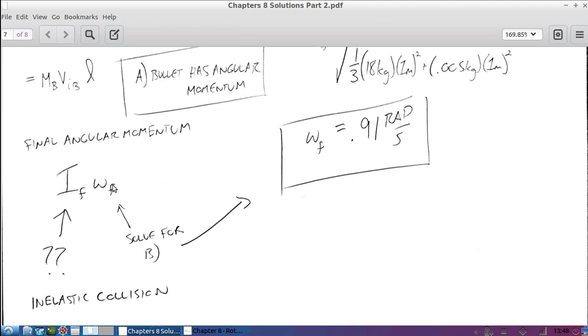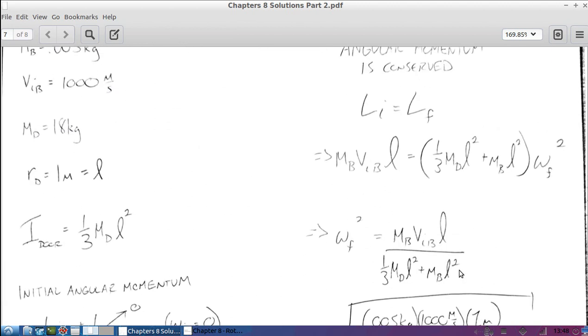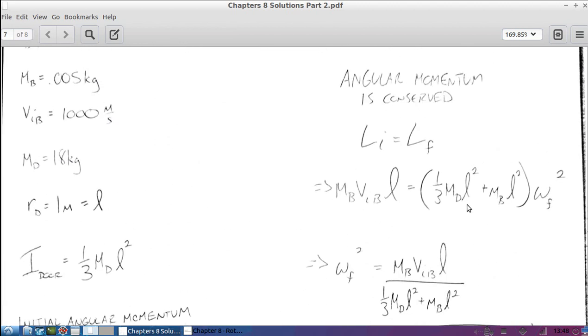Part B is asking for the final angular momentum. What's the final moment of inertia? We've got to rewrite this just like we did with the merry-go-round because it's a solid object and a point particle. So we have to combine those two moments of inertia and write a new I final. This is the initial angular momentum here. This is the final angular momentum.